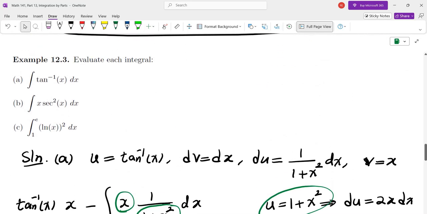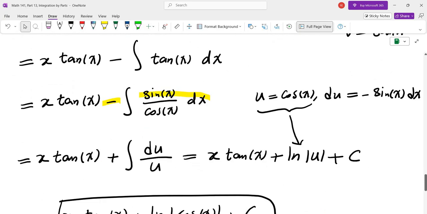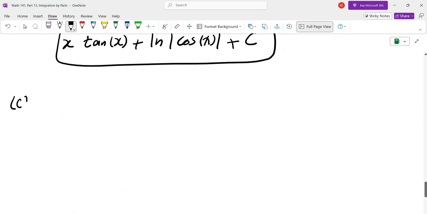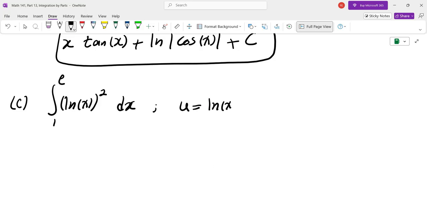Okay, next one. And then I'll summarize and give you some ideas of what to choose for u. So we want to integrate natural log of x squared, from 1 to e. Well, for the same reason that we talked about earlier, we should use u as natural log of x squared, because then it is easy to differentiate this.